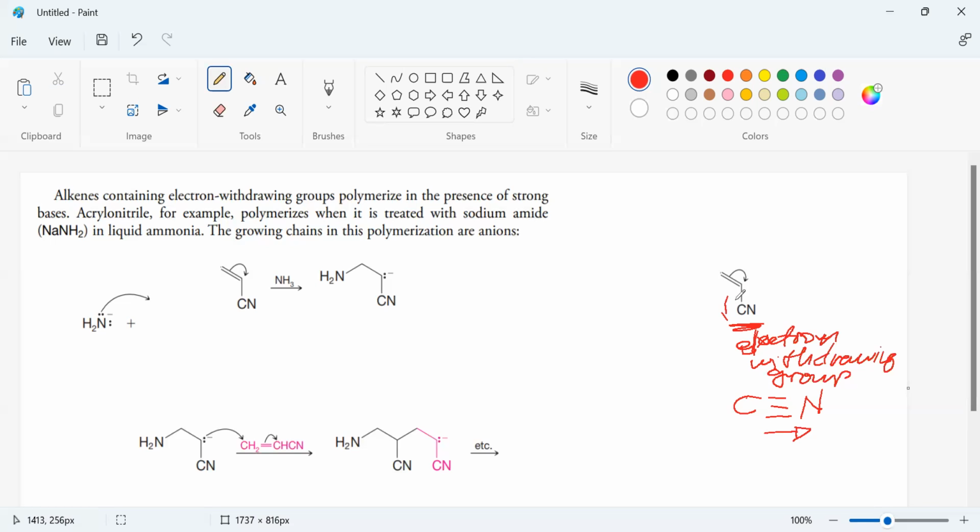From carbon, this whole nitrile group, the dipole will be toward CN. Because of that, this carbon here becomes partially positive, right? Relative to this one, the electron density is much more depleted because of the electron withdrawing inductive effect.